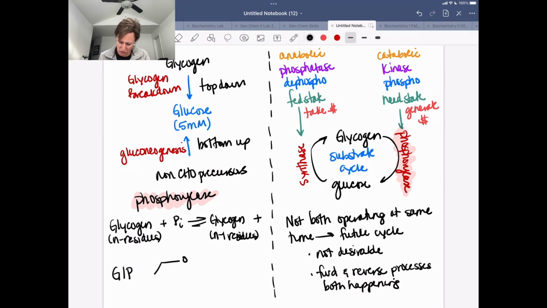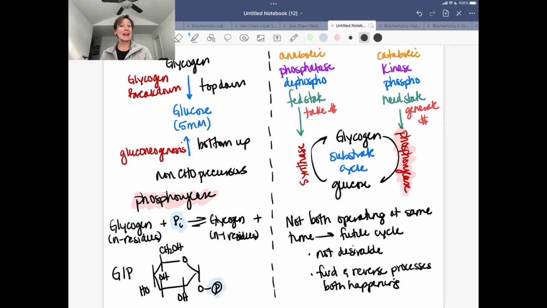So let's draw that structure here, right? We know how to draw glucose. So this is going to be glucose 1-phosphate. So at the 1 position, there is going to be a phosphate group. So here's the rest of glucose. Okay, so glucose 1-phosphate is going to be taking this phosphate, and rather than this being an OH group, like if we had hydrolysis chemistry happening, it's generating glucose 1-phosphate.